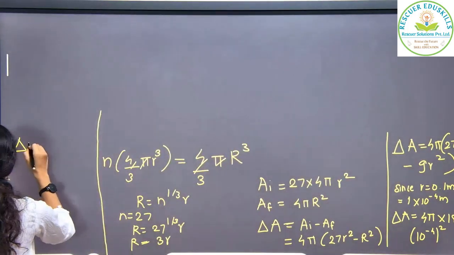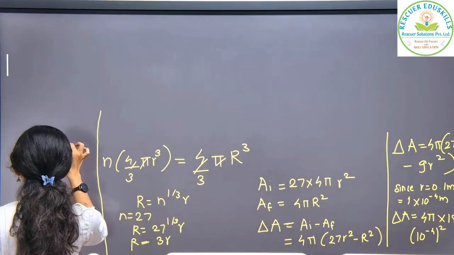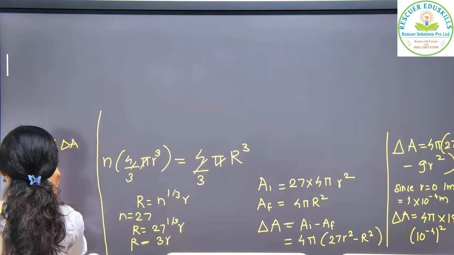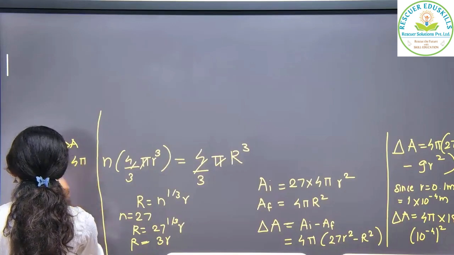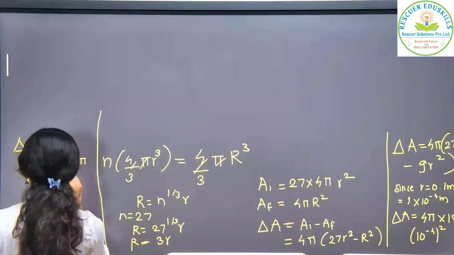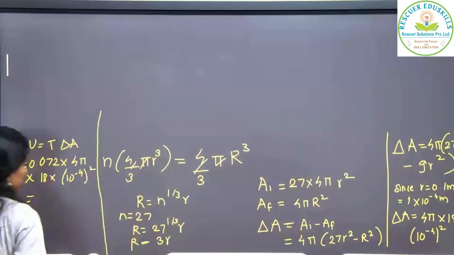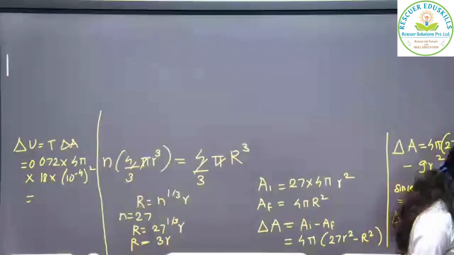So del U is equal to T del A is equal to 0.072 into 4 pi into 18 into 10 to the power minus 4 square. Calculate this.